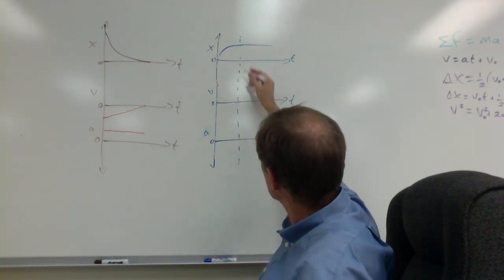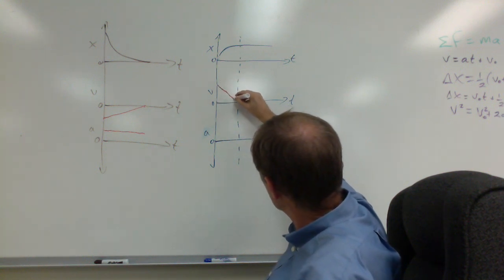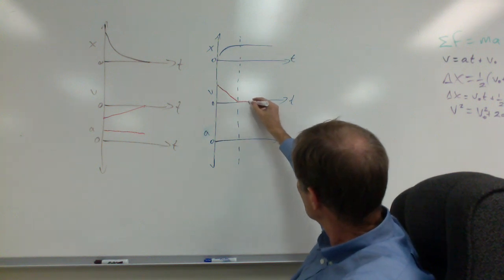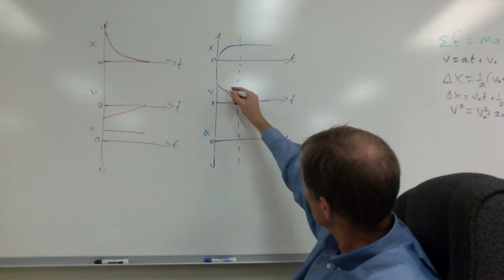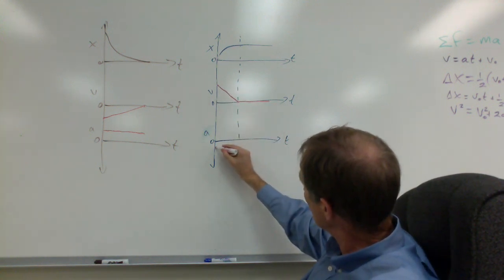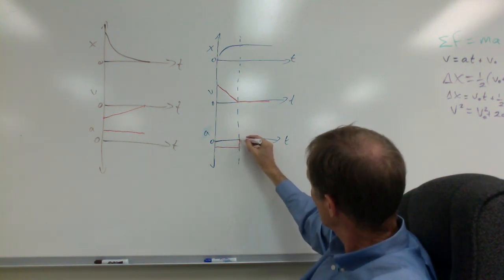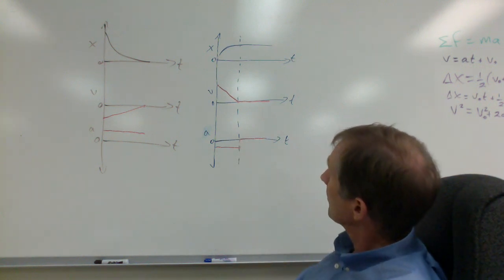And then it stops at that point. So it's moving positively, but coming to a stop. And stop is anywhere on the time axis. So that's a negative slope right here. So you have a negative acceleration, and then no acceleration in the last part. Well, that was fun.